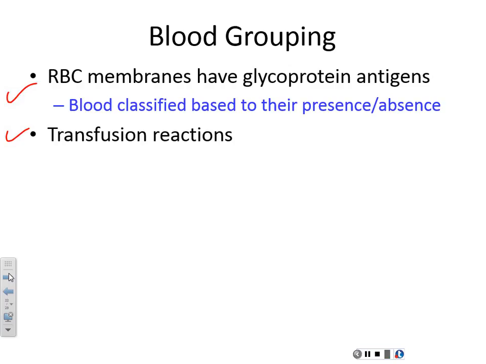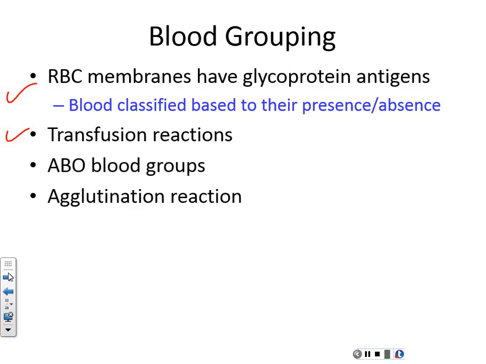I want you to know the antigen and what the antibody is. And then transfusion reactions occur with those immunoglobulins, immunoglobulin M, which is responsible for the transfusion reactions. And then of course the ABO blood grouping.